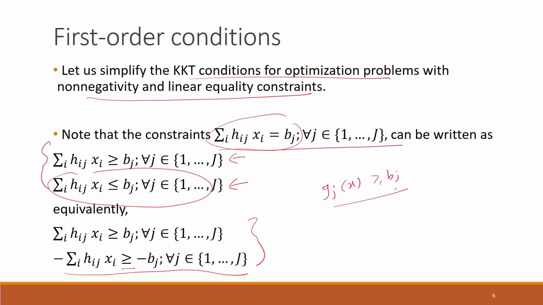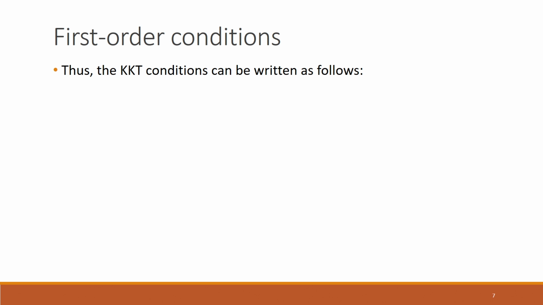Okay, therefore the KKT conditions can be written as follows. So now we are writing down the KKT conditions for this optimization problem where we have linear equality constraints, that is summation hij xi equal to bj, and we have a non-negativity constraint that xi is greater than or equal to 0 for all i.